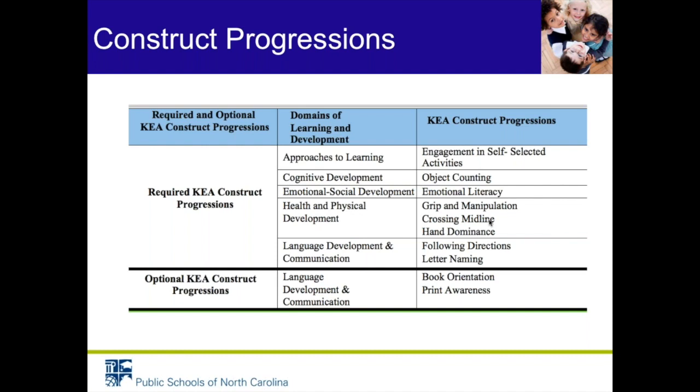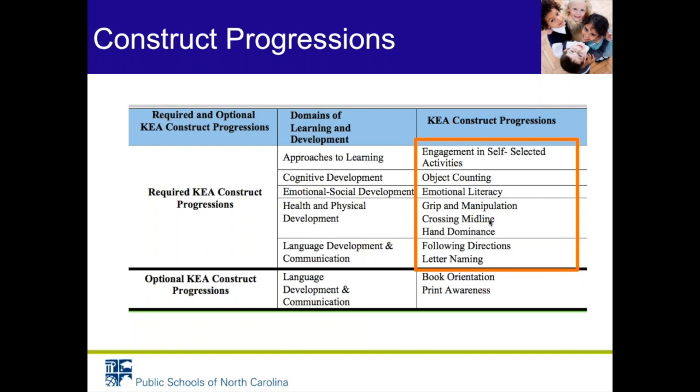Now, there were 15 construct progressions developed, and this table shows you the 8 that are required for the KEA. Notice in the middle column, there's those 5 domains of learning that Melissa just talked about. And here are the required construct progressions for each of those domains.